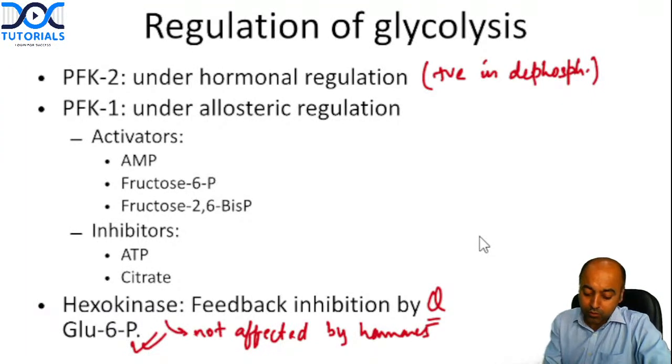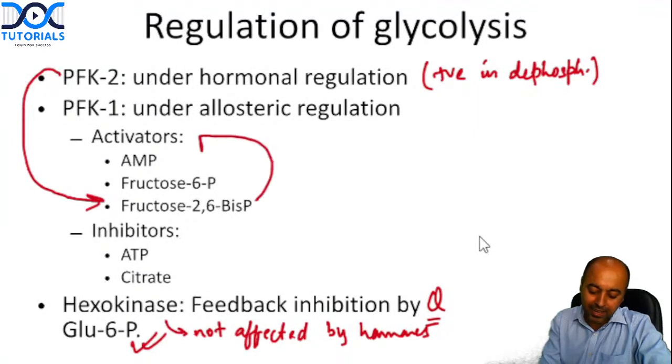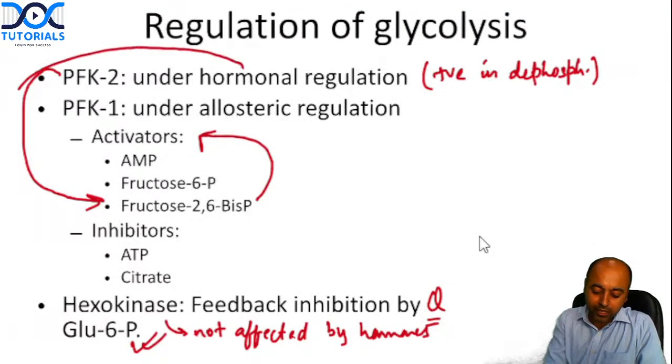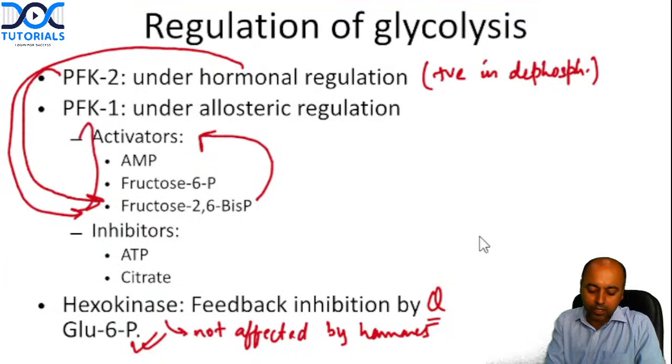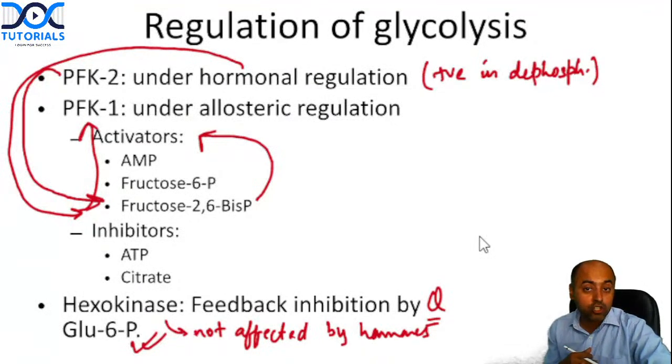Please note here that PFK2 gives rise to fructose 2,6-bisphosphate, which in turn activates PFK1. So the hormones indirectly are regulating PFK1. So PFK1 still shows some amount of hormonal regulation, whereas hexokinase does not show any effect of the change in hormone concentration.